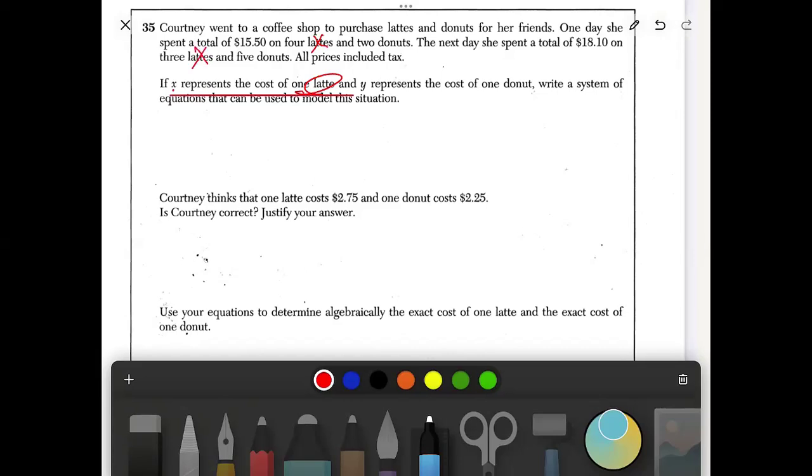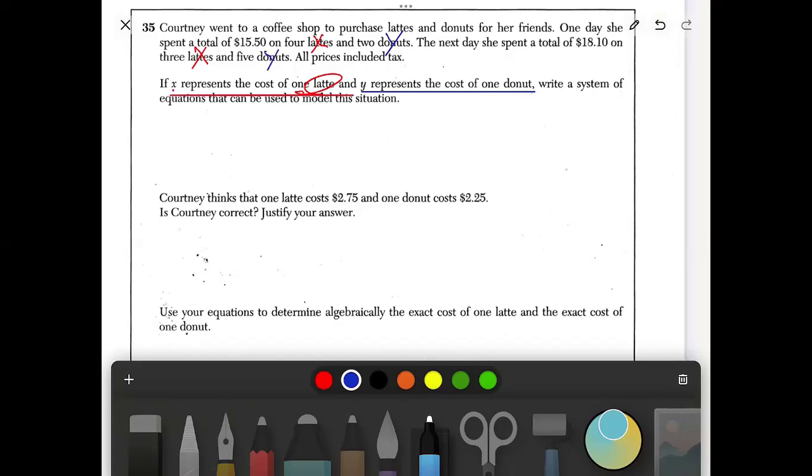So I replaced the latte with the variable that it stands for. So X is lattes. And then you're going to do the same thing for the donut. Wherever you see donut, you're going to replace it with the letter Y. It says 2 donuts here, so I'm going to put a Y in there. And this one says 5 donuts, so I'm going to put a Y in there.